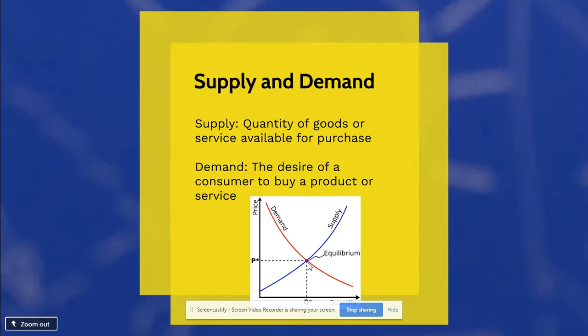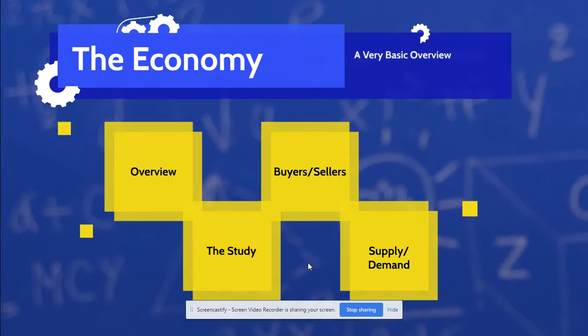So there aren't too many people wanting something, and there aren't not enough people wanting something and too much supply. So in real life, this is not what a graph that a business is looking at is going to look like, but it's a good visualization of the relationship between supply and demand, which is a key part of how the economy functions. So that is a quick and very basic overview of the economy.